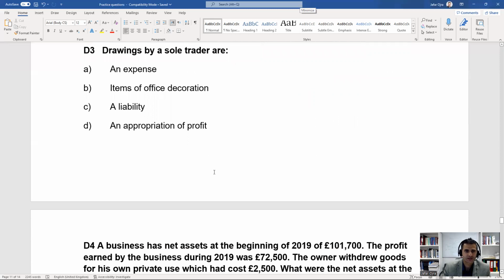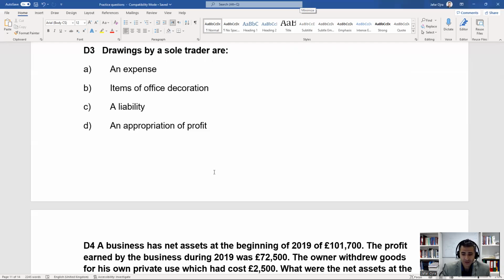D3. Drawings by a sole trader. Drawings by a sole trader are what? An expense? No. Items for office decoration? No. Liability? No. An appropriation of profit? Yes.